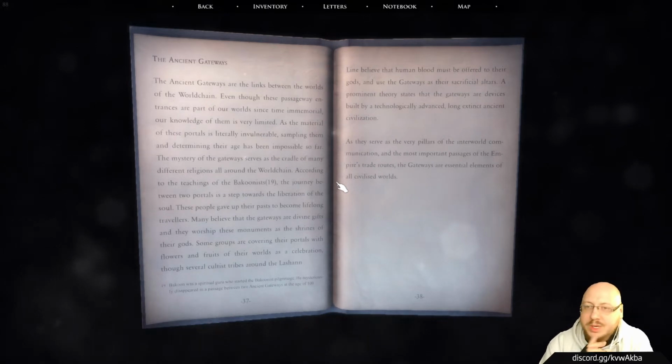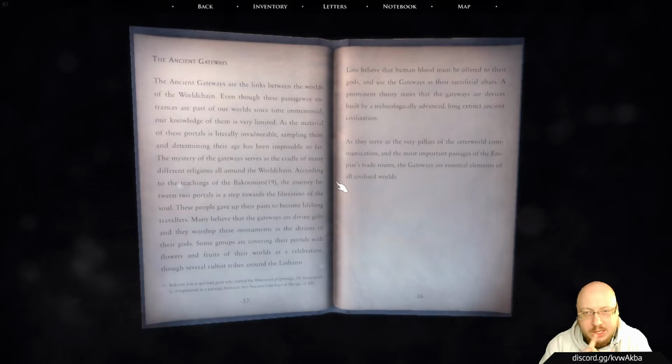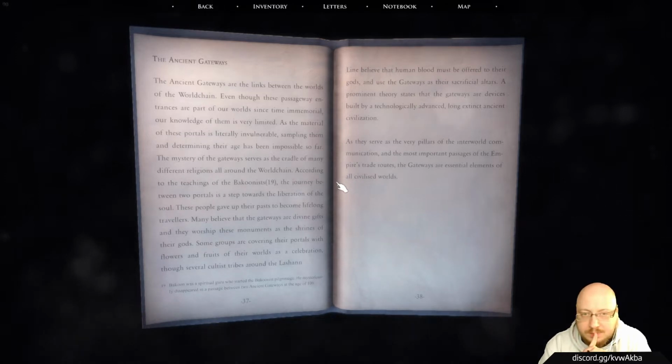The ancient gateways. The ancient gateways are links between the worlds of the world chain. Even though these passageway entrances are part of our world since time immemorial, our knowledge of them is very limited. As the material of these portals is literally invulnerable, sampling them and determining their age has been impossible so far.